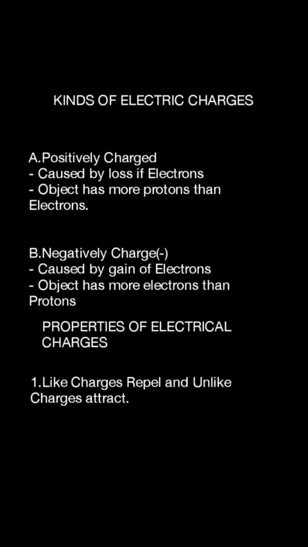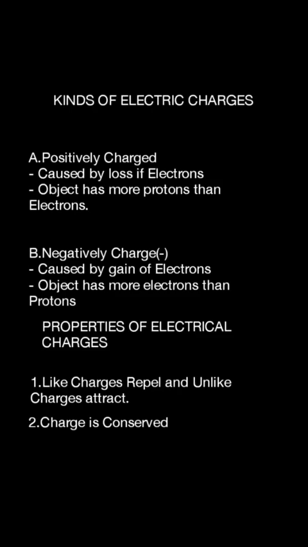The second one is that charge is conserved. Charge cannot be created or destroyed, it can only be transferred. When a glass rod is rubbed with silk, glass loses electrons and becomes positive, and silk gains electrons and becomes negative. So total charge before is equal to total charge after. This is just like the law of conservation of energy.